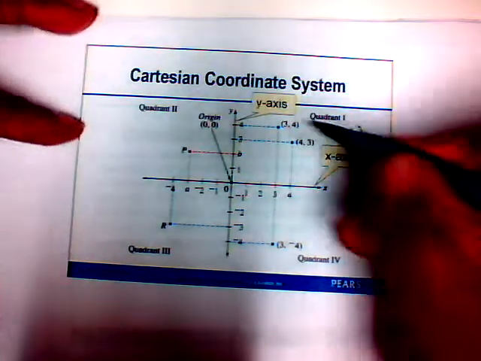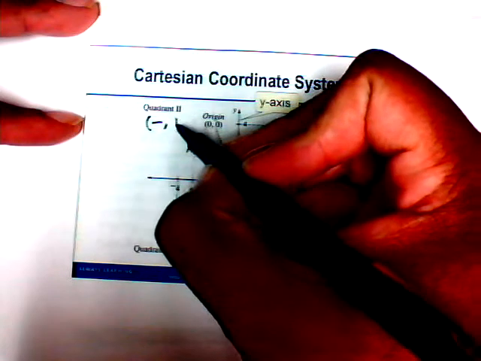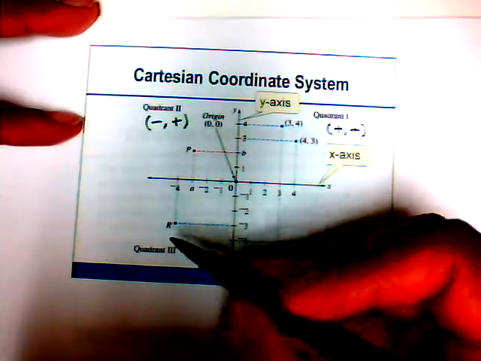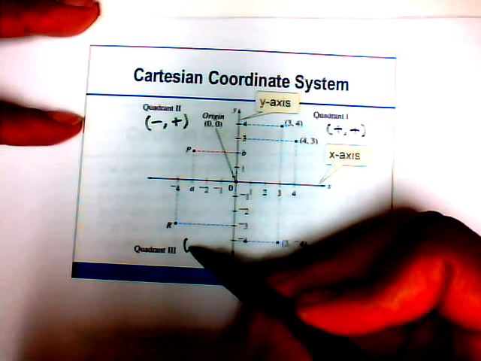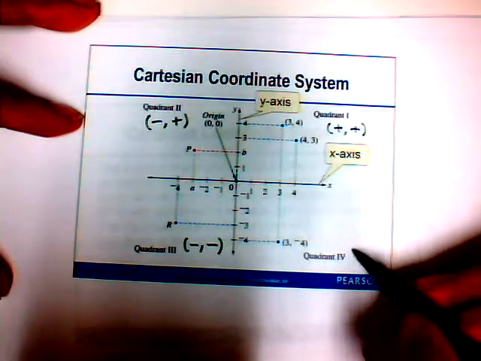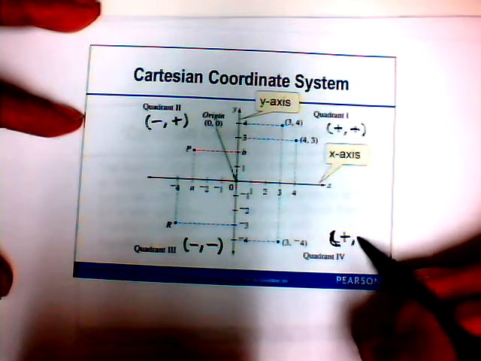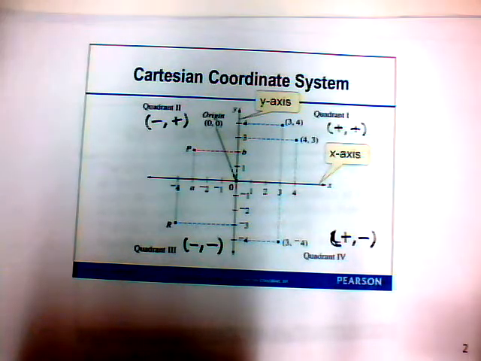In the second quadrant, your x-coordinate is negative and the y-coordinate is positive. In the third quadrant, both the x and y-coordinates are negative, whereas in quadrant 4, your x-coordinate is positive and your y-coordinate is negative.